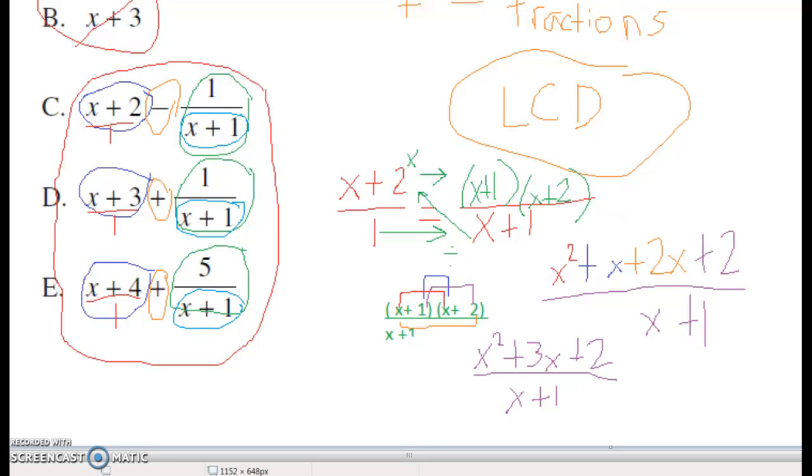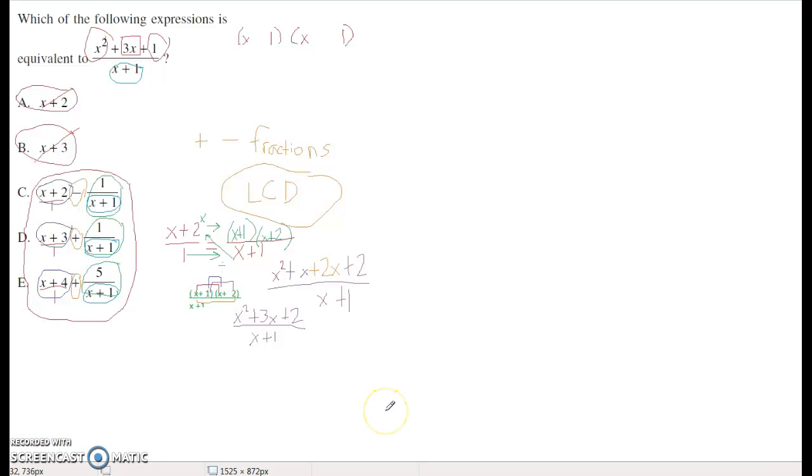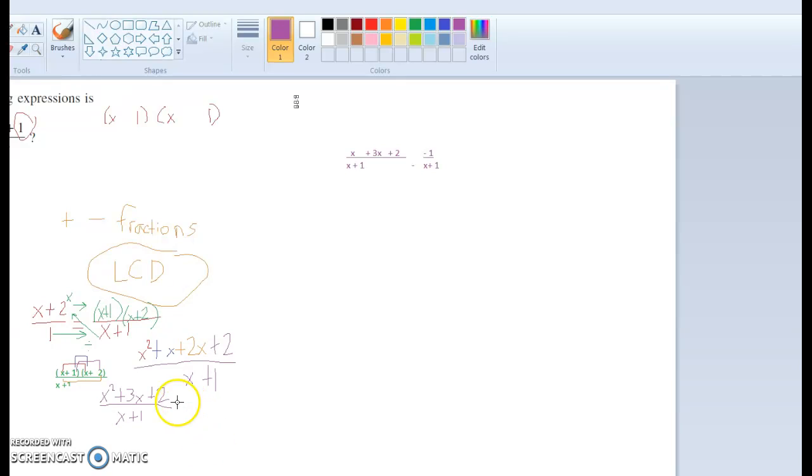Now let me change the view just a little bit and make this a bigger piece of paper so we can see exactly what we're doing. I cleaned this up a little bit and typed it right here, but essentially I took this expression, which took the place of this x plus 2 over 1.